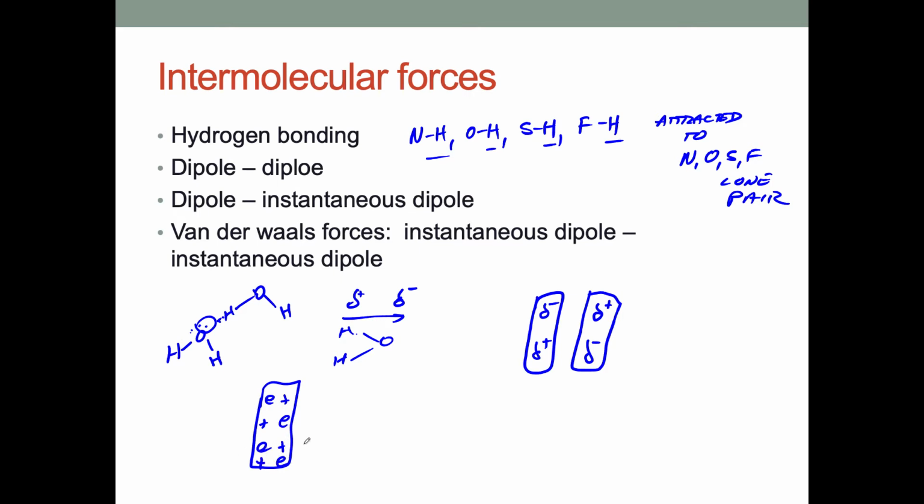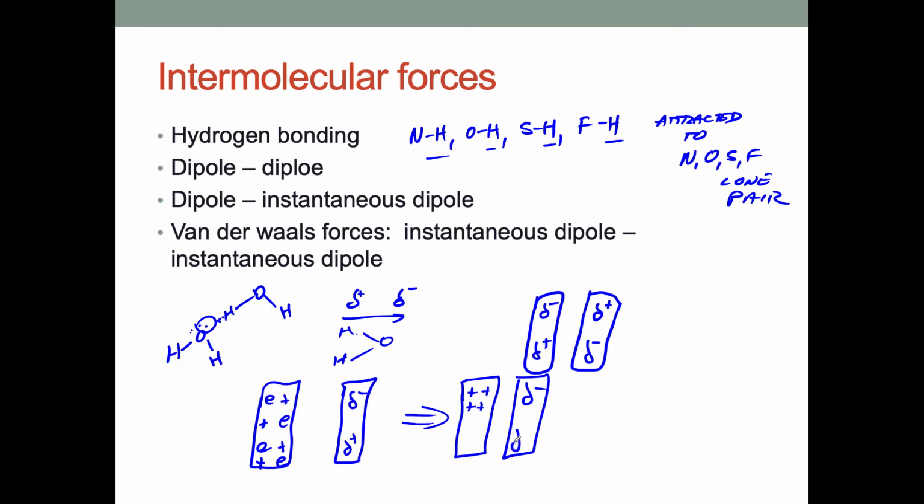So all sides are equal, but if we put something that is polar next to it, with a slight negative and a slight positive, these will rearrange so that the slight negative is up, so we get the positive charges near the partial negative charge, and the partial positive charge influences the electrons to come down to the bottom.